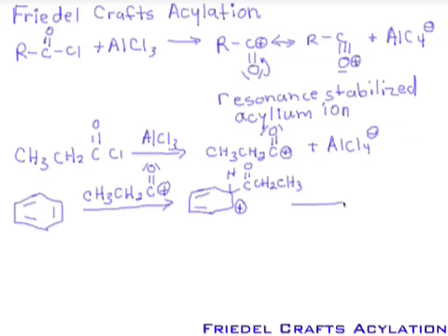The AlCl4 minus will come in. It will grab that proton. These two electrons will reform the pi bond. So let's put an arc here, and so pull the proton off. And I have ethyl phenyl ketone.